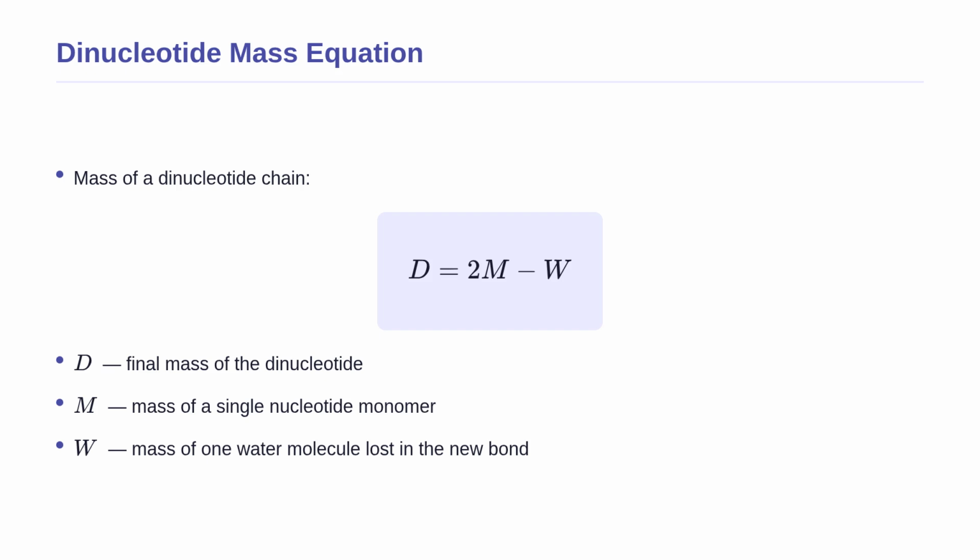We subtract the variable W exactly once because only one new bond is being formed between the two nucleotides, releasing one water molecule. If we were to add a third nucleotide, the mass would increase, but we would again subtract one water molecule for that specific new bond.